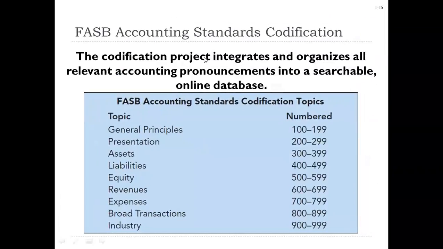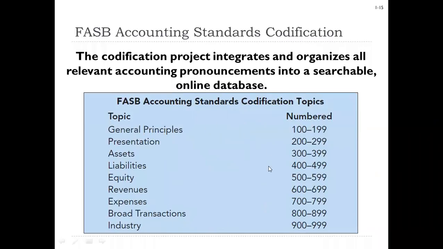No worries. The codification we will be using in this course is basically a document that consolidates all of the different accounting rules that were formerly located all over the place in different accounting pronouncements.